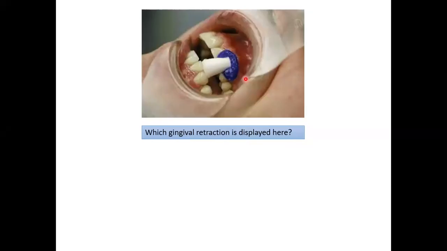So once you're done with preparation, using the tips you can inject the material around the prepared tooth, and this white structure which looks like a tooth is called your compre cap. This compre cap is used to hold the retraction material over the tooth structure for quite some time, so that you will get a good amount of retraction of your gingival sulcus.